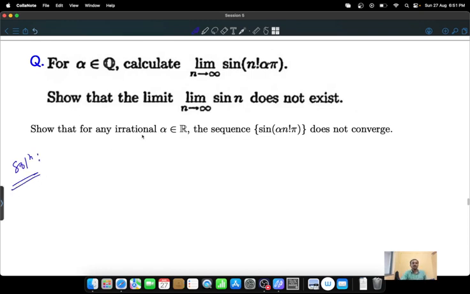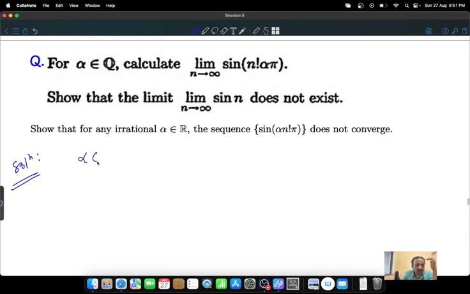So I think I will be able to prove it in these 10 minutes. Okay, so the rest of the problems we can discuss next week, no issue. So I had done one problem like this. I have forgotten, but I can recall that I had done this type of problem.